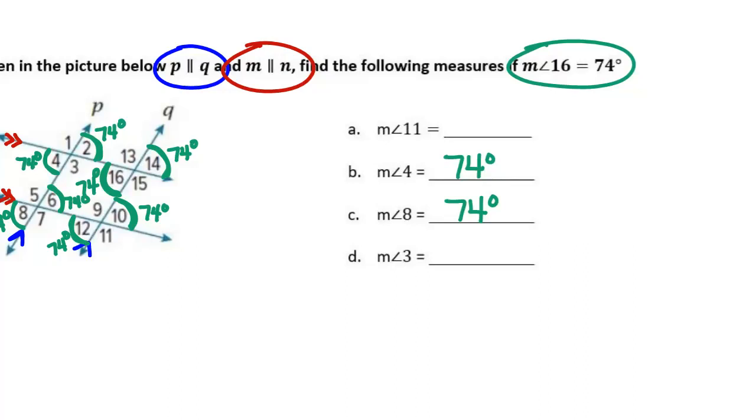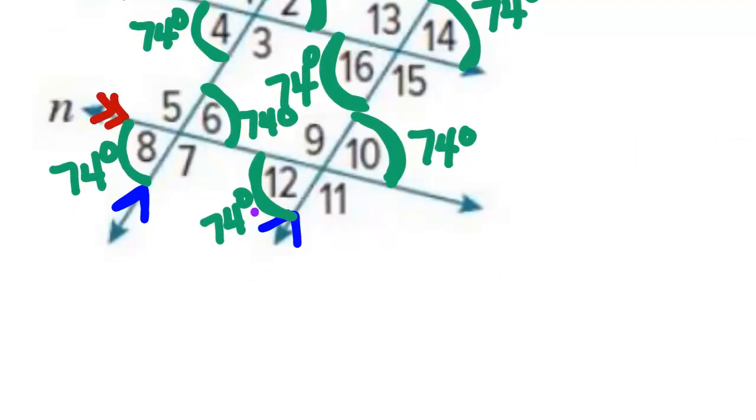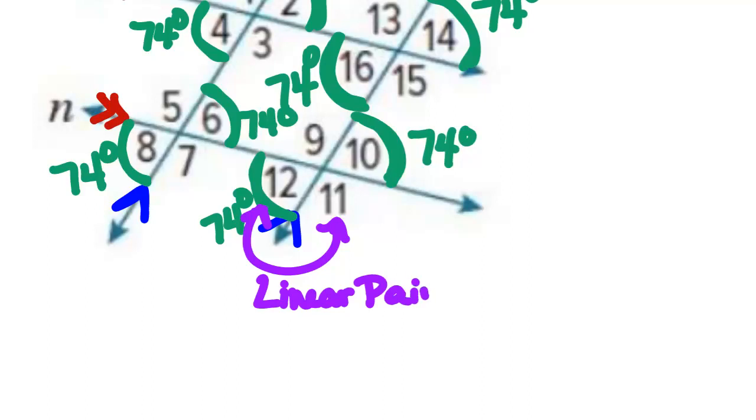Angle 11 is not one of the ones that I've marked as congruent to angle 16. 12 is congruent to 16 because those are corresponding angles. What would I call angles 11 and 12? They're side by side like this. It's a linear pair. Angle 11 and 12 are a linear pair, and linear pair angles are supplementary.